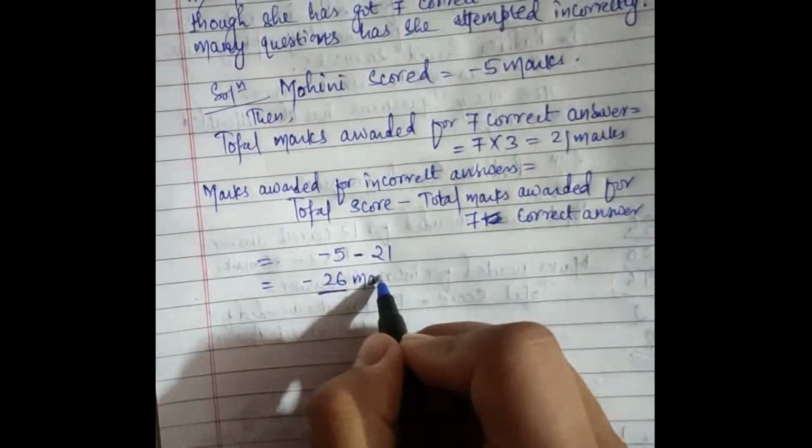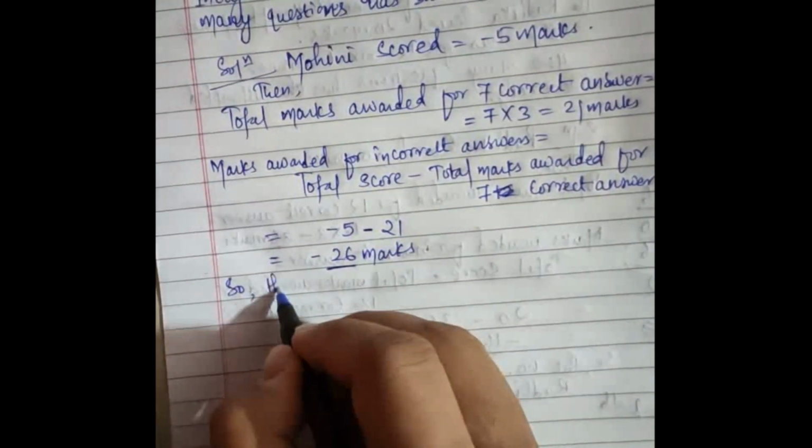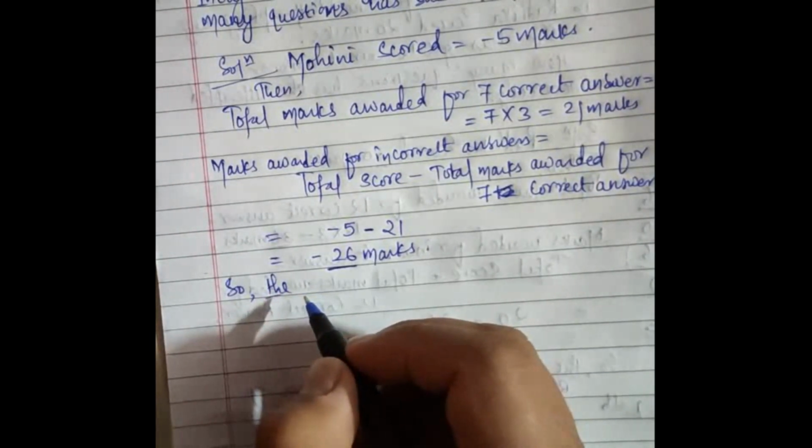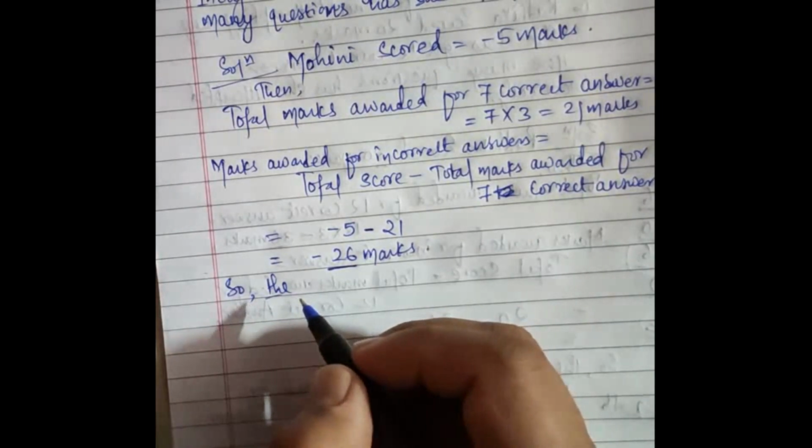So for incorrect answers, she was awarded how many marks? Minus 26 marks. Okay. So now what do we have to find? We have to find how many incorrect answers she has attempted.